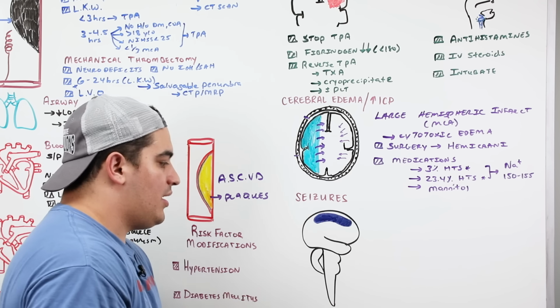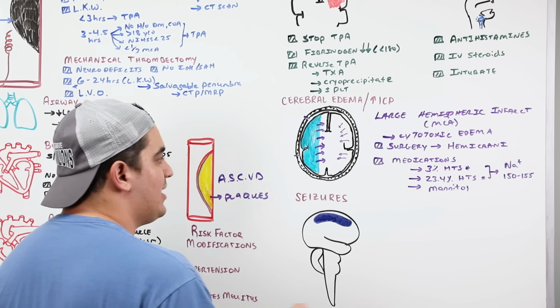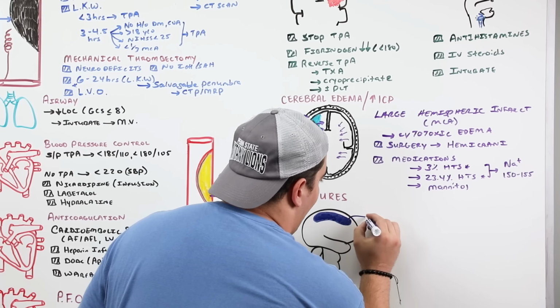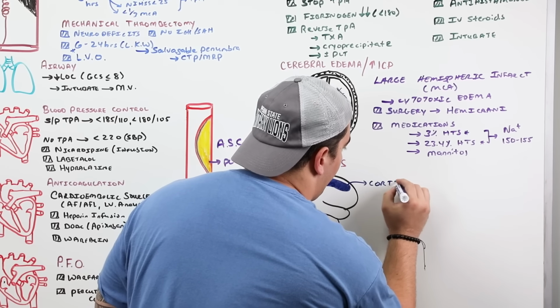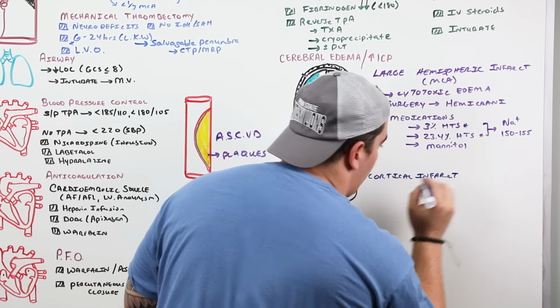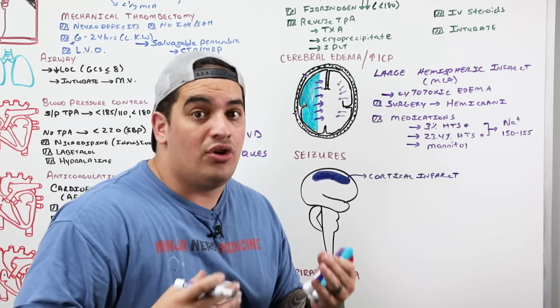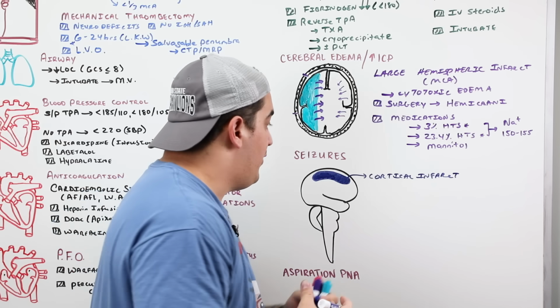Okay, seizures is another common complication that can arise whenever someone develops an infarct, but it's important to remember this: it's usually a cortical infarct. So it has to happen near the cortex. When someone has a cortical infarct, that's where the cell bodies of the neurons are, the gray matter of the cerebral cortex.